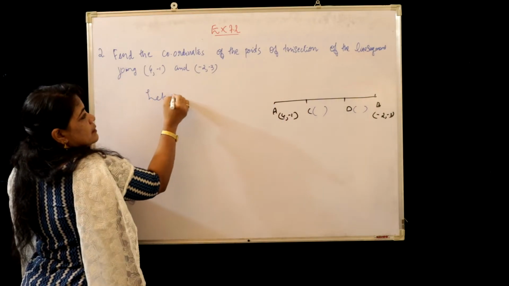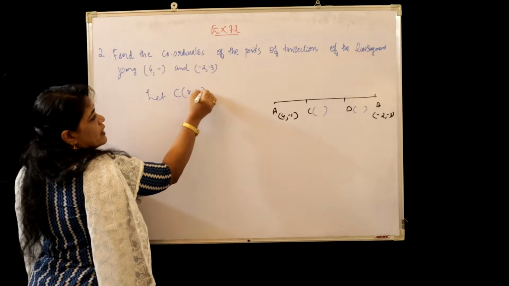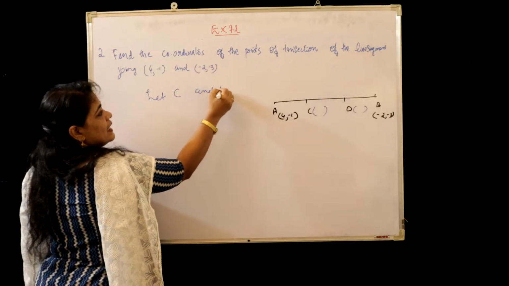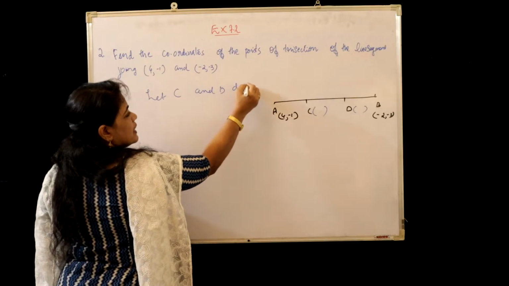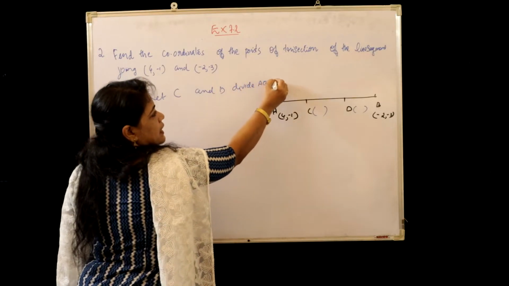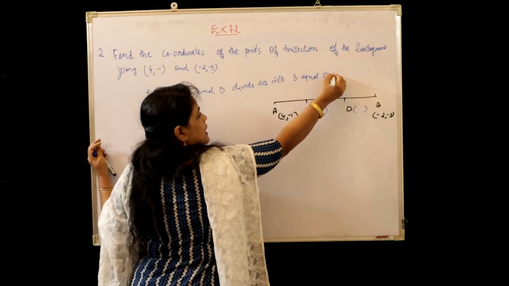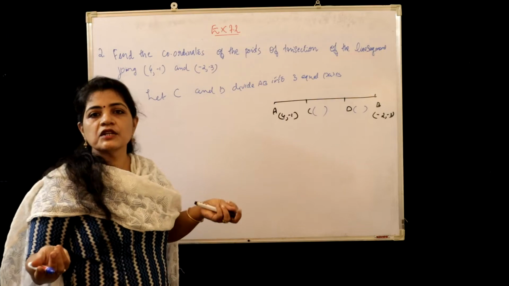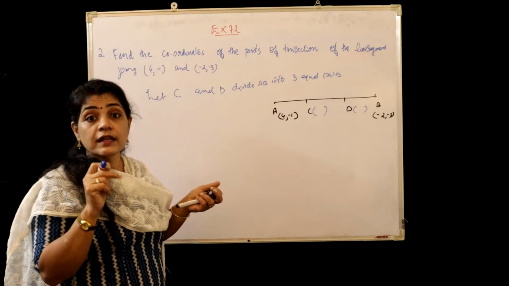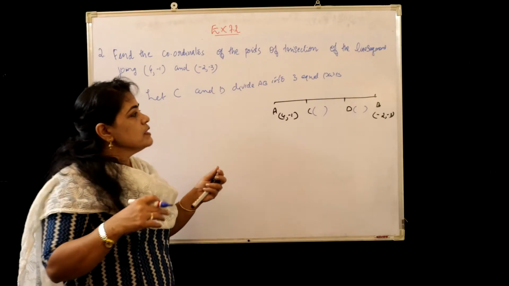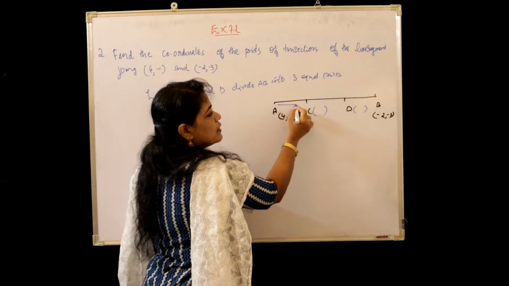Let C be (x, y). The points C and D divide AB into 3 equal parts. But the ratio is not given, children, but that is a very important clue. See how we can find the ratio.